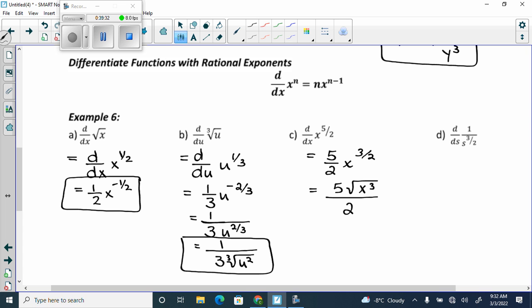There's a monomial on the bottom. You have to bring it up by making the exponent negative. So you get negative 3/2 s to the, subtract 1 from that, negative 5 halves, which they can drop to the bottom.